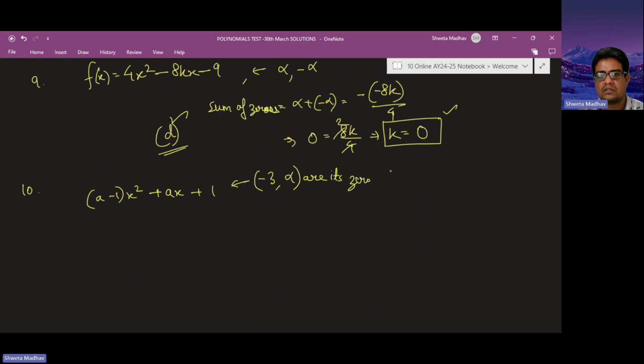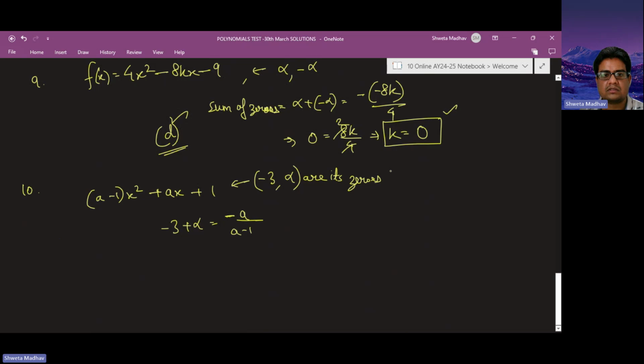So suppose these two are its zeros, then we can tell the sum of the zeros, which is minus 3 plus alpha, will be equal to minus b by a. Here b is equal to a actually, so it is minus a by a minus 1, the coefficient of x square.